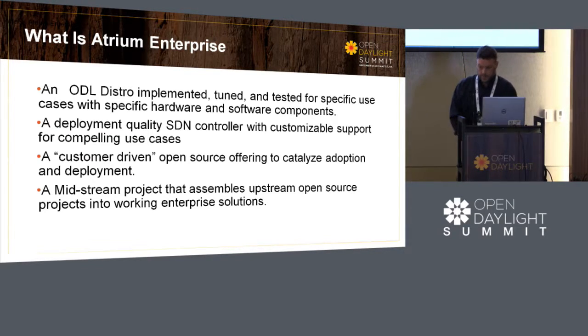So the thought is that we'll take the basic distribution, add support for specific use cases, test it with specific pieces of hardware, and certify at some level that this is something that you can take and deploy. And in working with Microsoft as the first partner in this, our goal is to build something that's good enough to meet their needs to the point where they're going to want to deploy it.